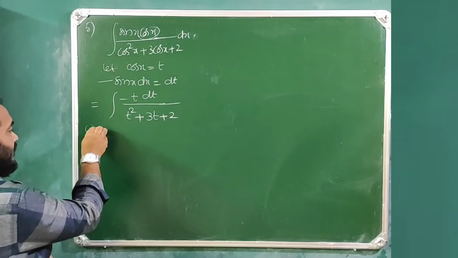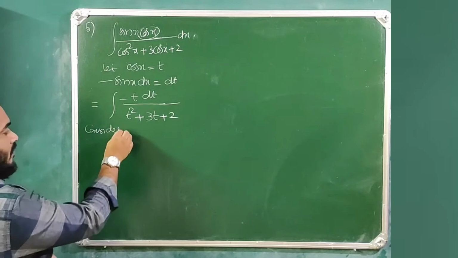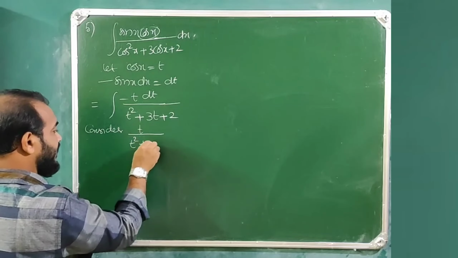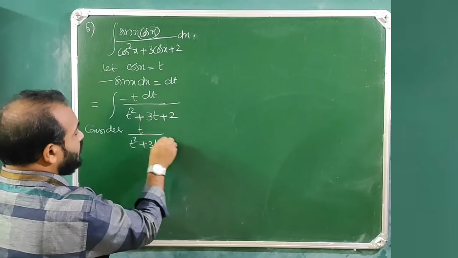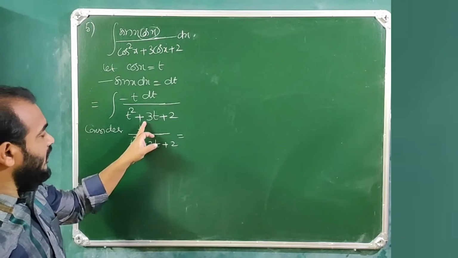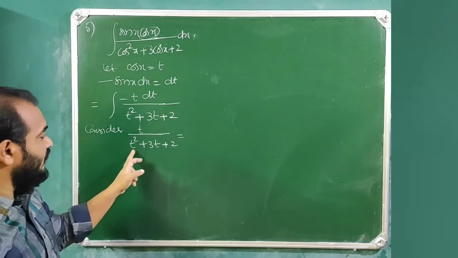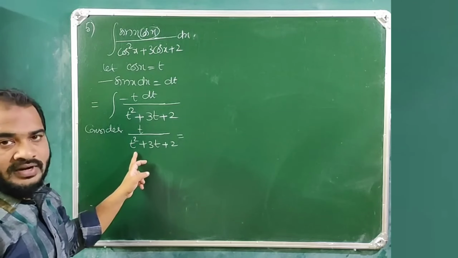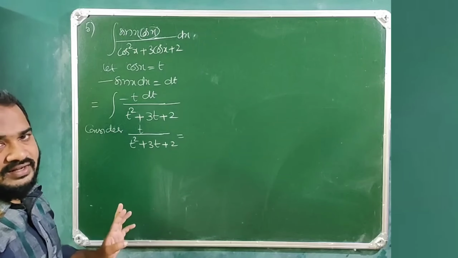Let us consider t by t square plus 3t plus 2. So here the numerator's degree is 1 and the denominator's degree is 2. So the degree of numerator is less than the degree of denominator. Therefore this is a proper fraction again.